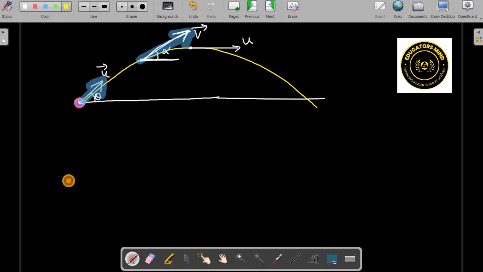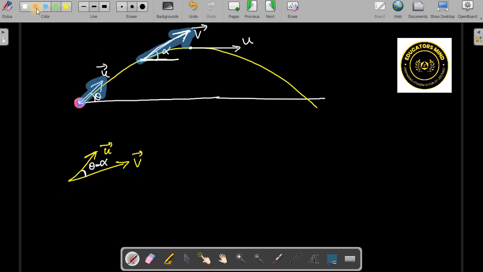So let's say this is the initial velocity vector, and after some time this is the final vector. Of course with the horizontal we know the angle. So this angle will be how much? Let's say theta minus alpha, because the first one is making theta, the second is making alpha with the horizontal, so this will become theta minus alpha.